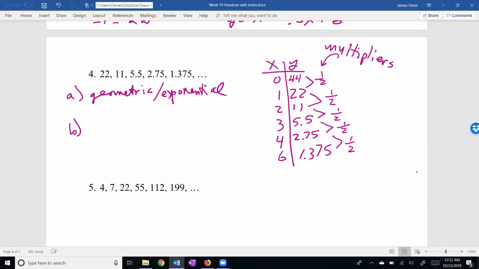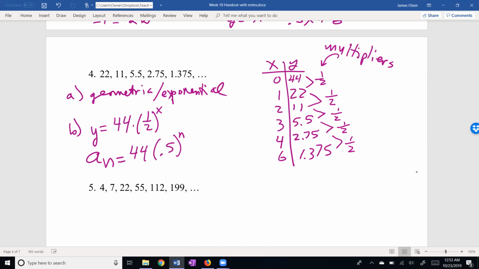So my formula here is y equals 44 times 1/2 to the x power. You can write 1/2 as 0.5 if you want also. Either of these answers is correct, and it's important to realize that they're giving us the same sequence.